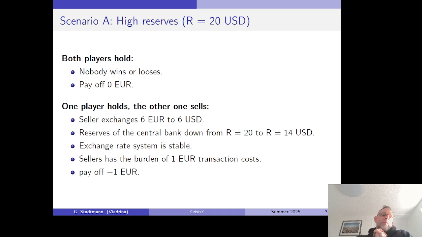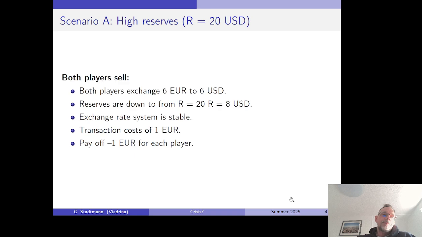The reserves of the central bank are down from 20 to 14, but the exchange rate system is stable because the central bank is not running out of reserves. The seller has to pay the €1 in transaction cost, and the payoff is negative €1.